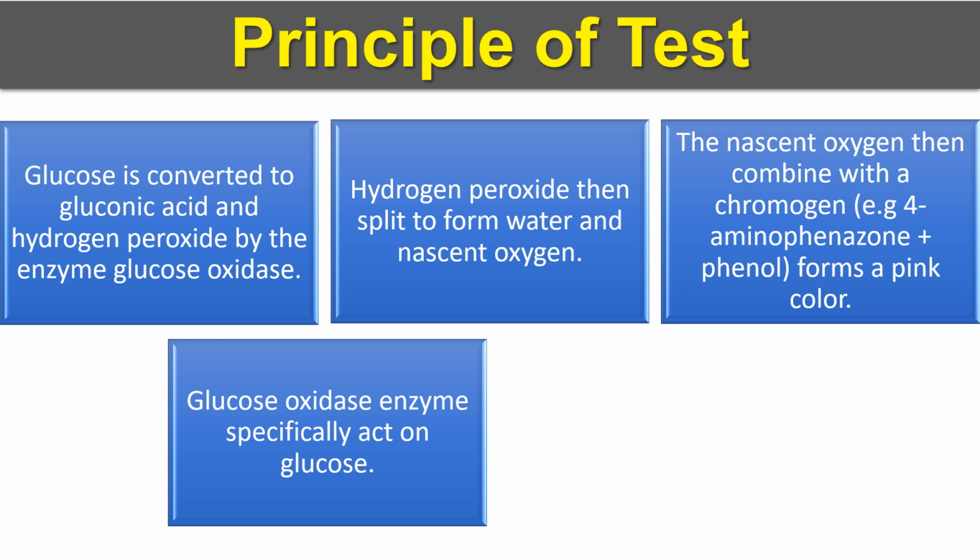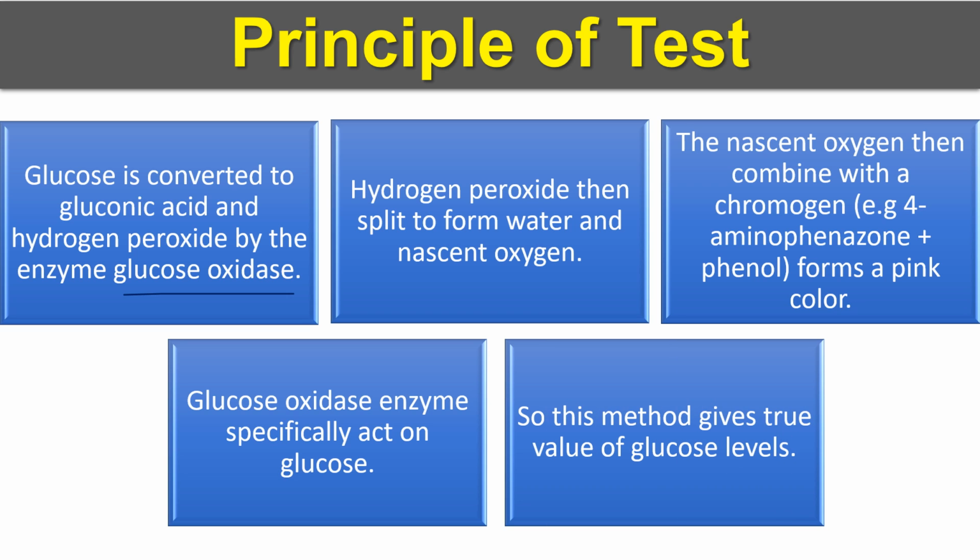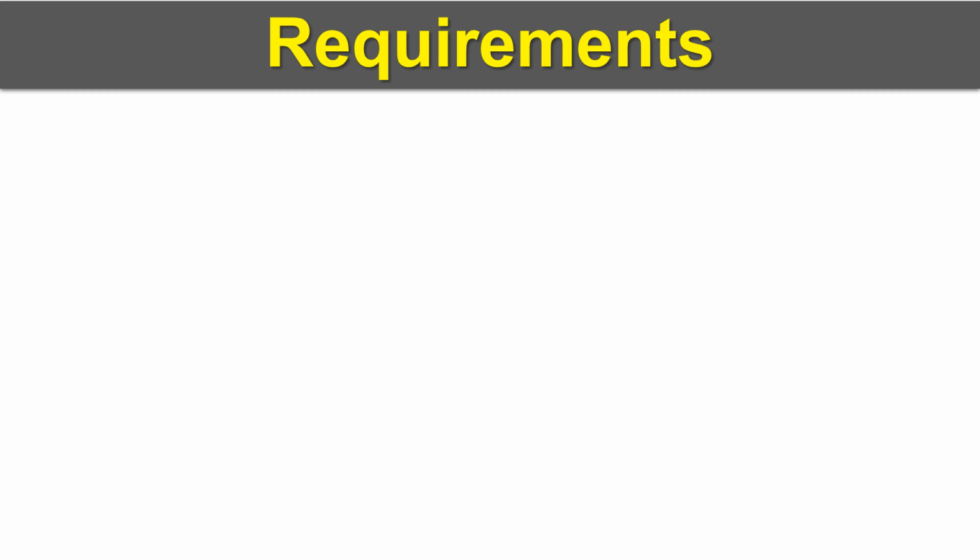And the glucose oxidase enzyme, compared to the orthotoluidine and the Folin-Wu methods, is the more specific and more sensitive method. Why? Because glucose oxidase works only on glucose, not on any other aldehydic compounds or any reducing agent. So this method gives you the true value of glucose level compared to the other methods.